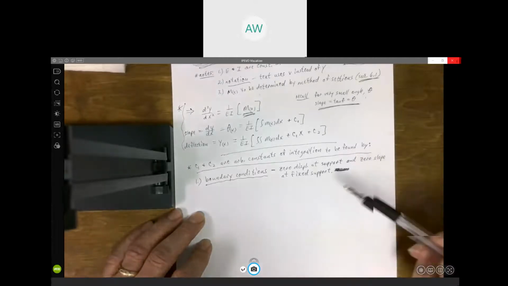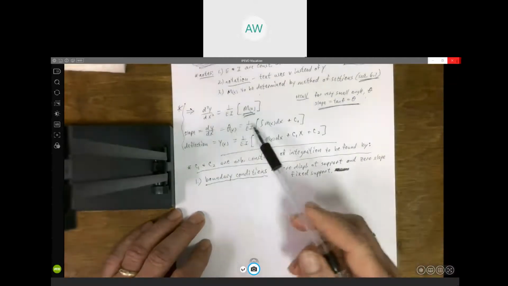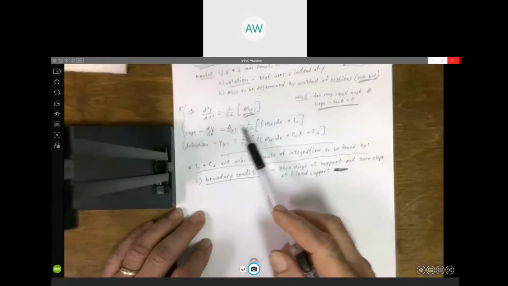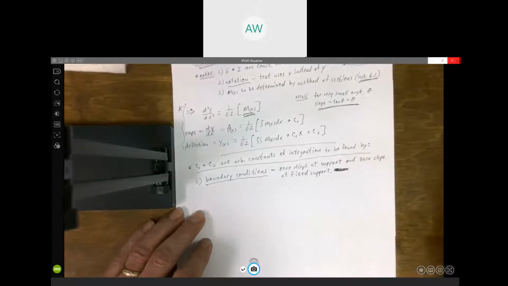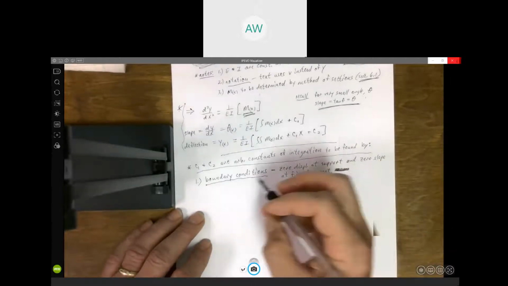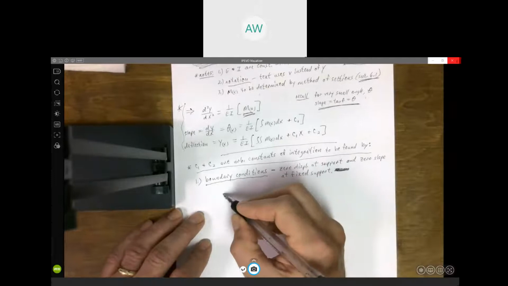And so we know the slope, or the angle theta, that second equation up here, would be 0 at that x value. And I think if maybe I draw a picture, it'll be a little clearer.